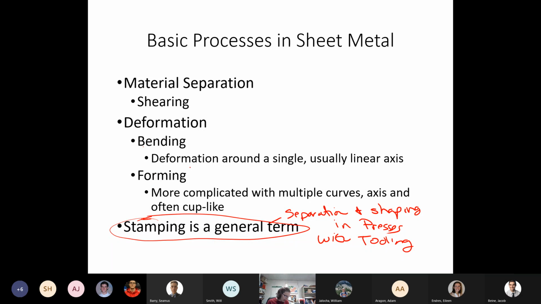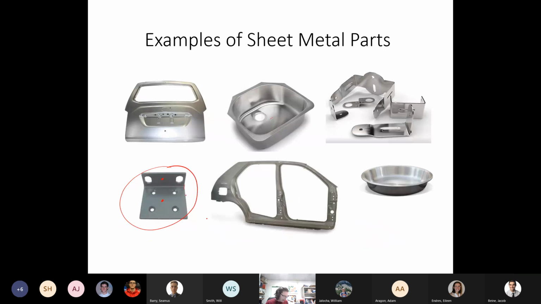And if we're talking about forming, that's going to be more complicated, multiple curves, axes, and is often cup-like. So if I come here, this is clearly a bend. This is not. We went from a flat shape to more of a cup or a container.